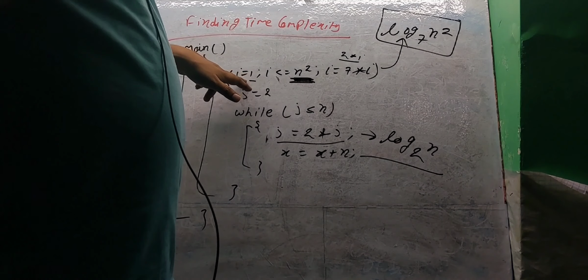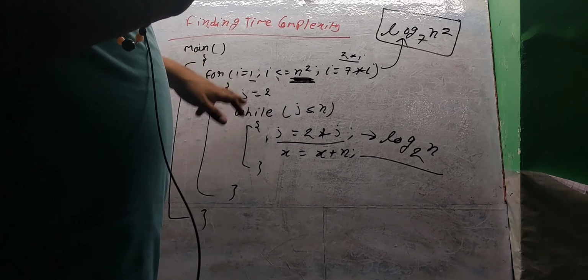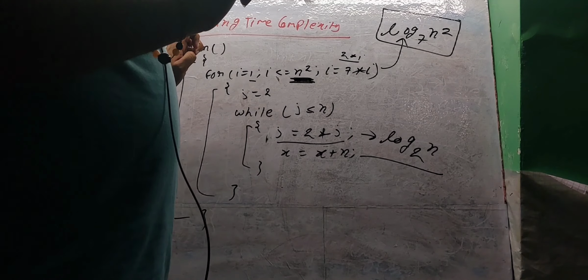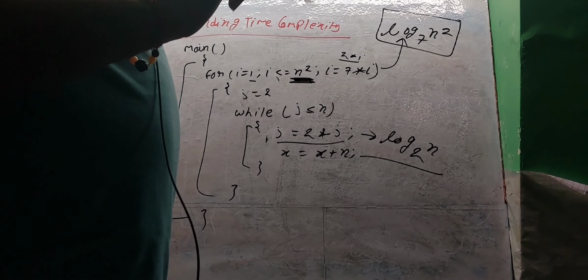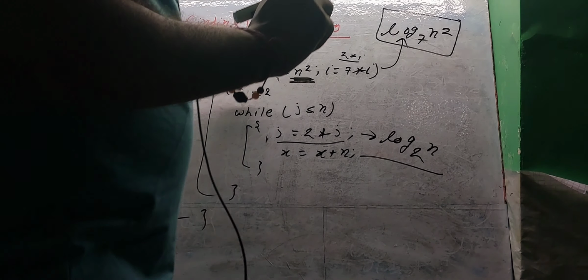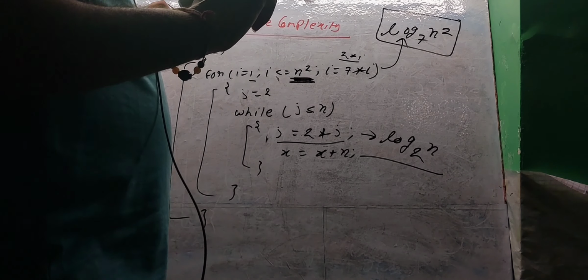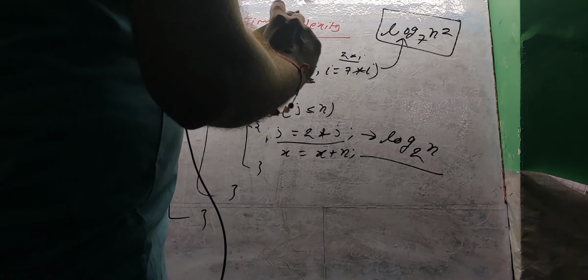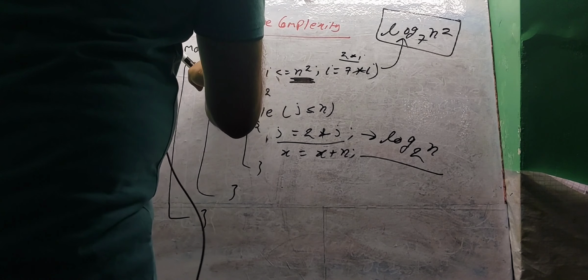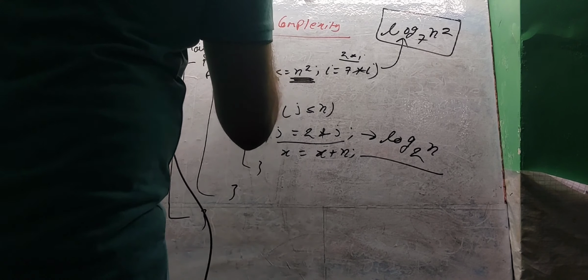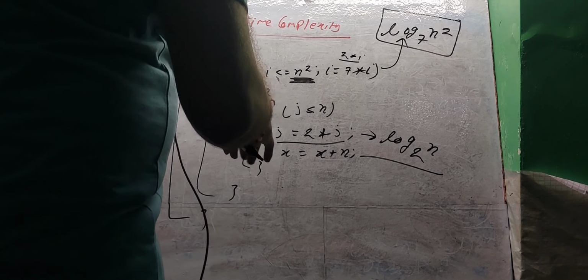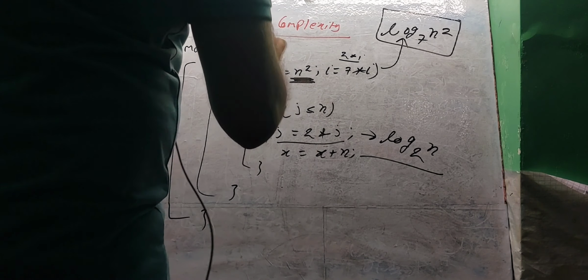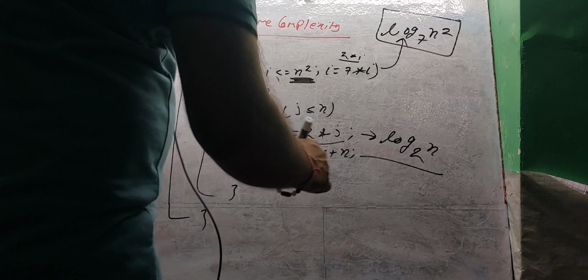For each i value, this while loop will execute log n base 2 time. Then overall, this for loop and this while loop are correlated, or this while loop is under the for loop, because for each i value, this while loop is executed for log n base 2 time.